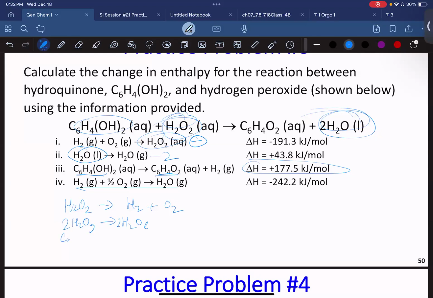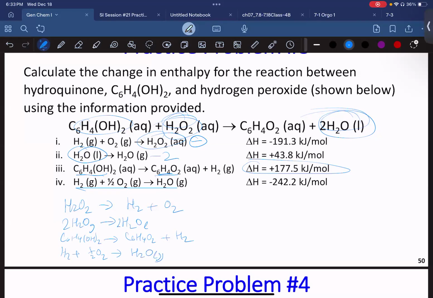Then here it's C6H4(OH)2 yields C6H4O2 plus H2. And then here it's H2 plus 1/2 O2 yields H2O gas.